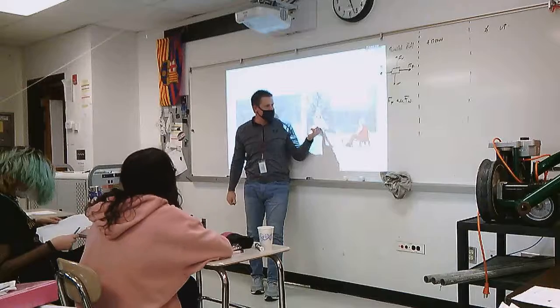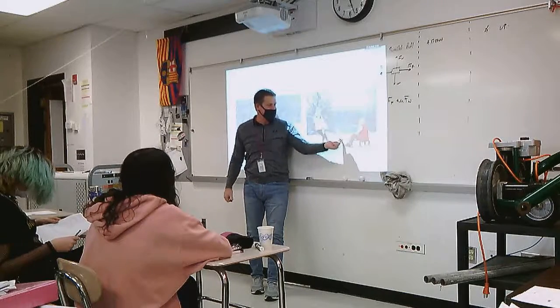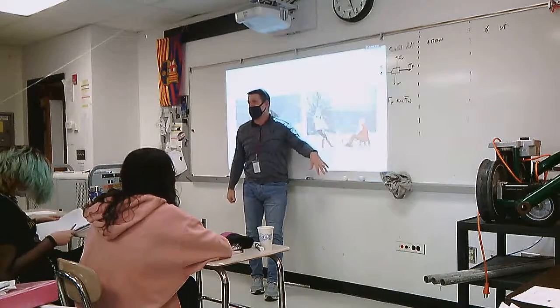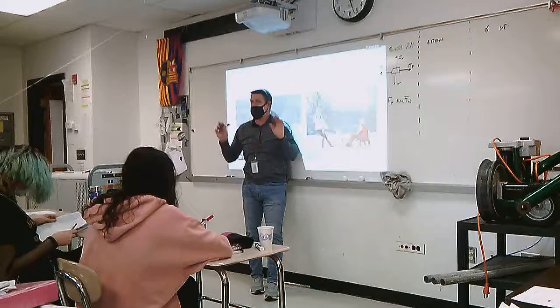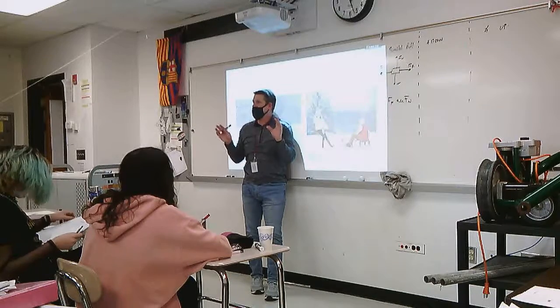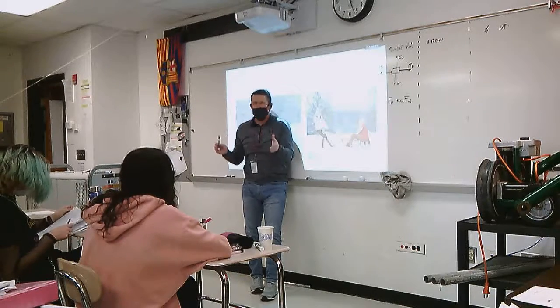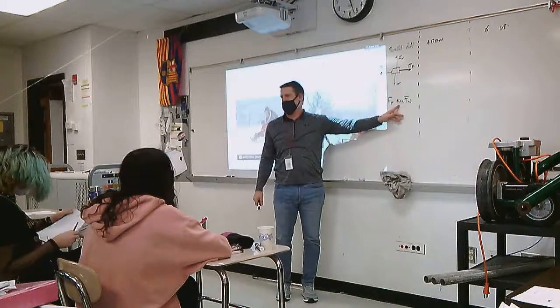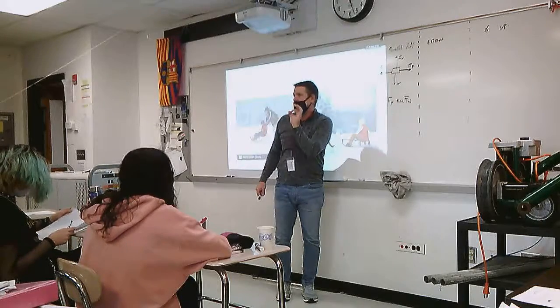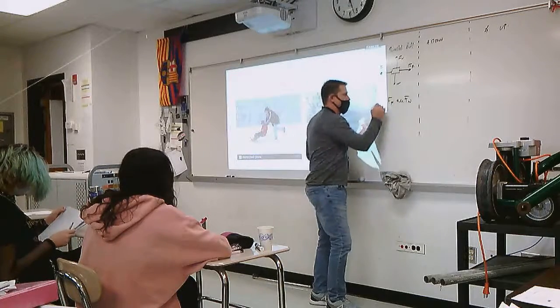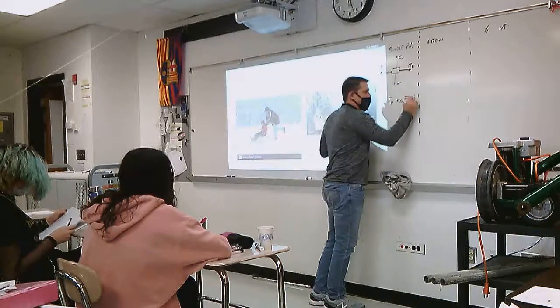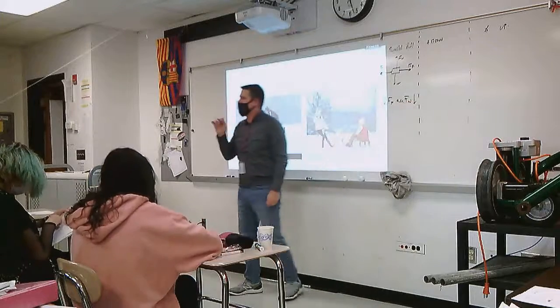Whether this lady is pulling this guy angled up, angled across, or pushing down on his back, the two surfaces involved are still the exact same surfaces, which means our mu isn't going to change. So how are we looking to describe a lower amount of friction? Well, it's going to be the situation that has the smaller normal force.